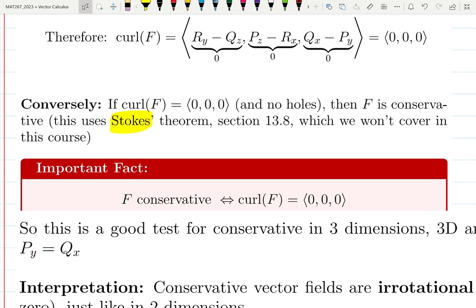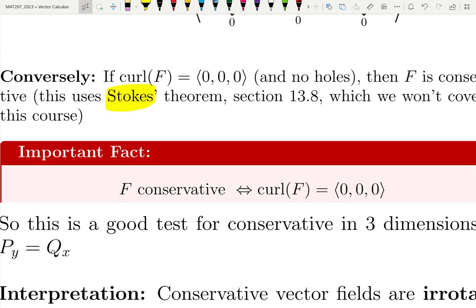And you can write down an important fact. F is conservative if and only if, the double-sided arrow means it goes both ways. If F is conservative, curl gives you 0, 0, 0. And the other way around, bless you. If curl is 0, 0, 0, F is conservative. So it's if and only if. That means if your calculations gave you 0, 0, 0, now you can notice, oh, the field we just recorded in the space somewhere far is conservative.